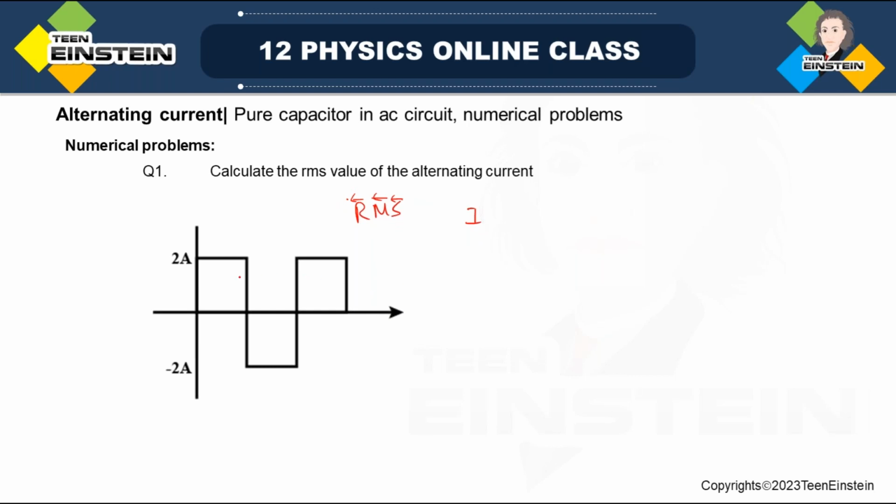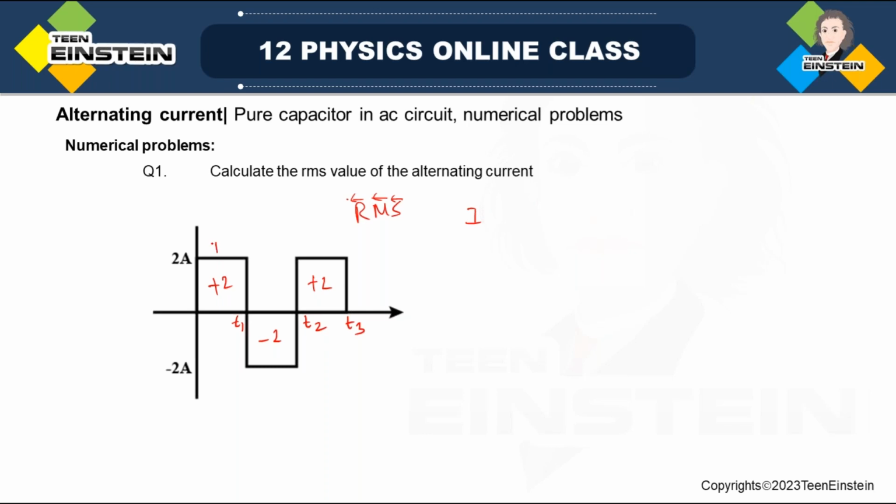So you can see here there are currents. Suppose this is time t1, this is up to t2, and this is t3. So this is plus 2 ampere, this is minus 2 ampere, and this is again plus 2 ampere.